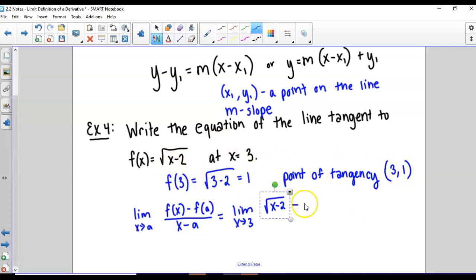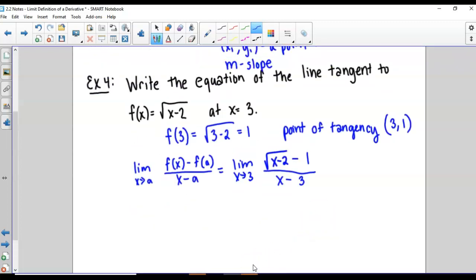We already plugged in 3, and we got 1, all over x minus 3. And so now we've got to rationalize: multiply by square root of x minus 2 plus 1 over the square root of x minus 2 plus 1.